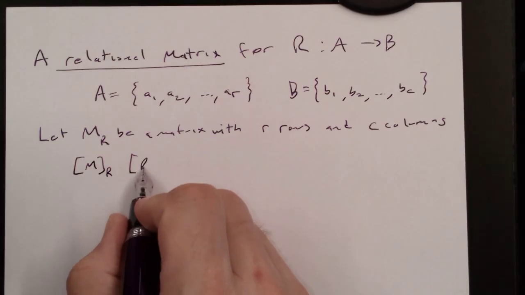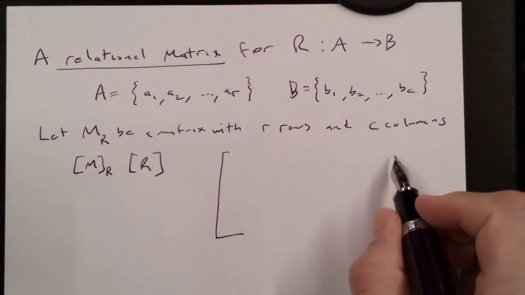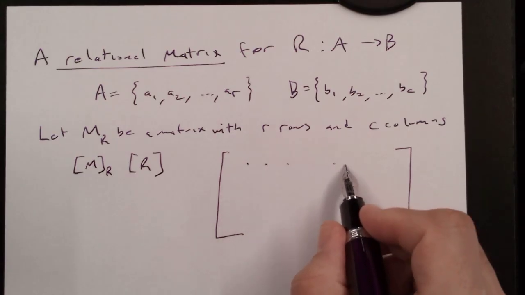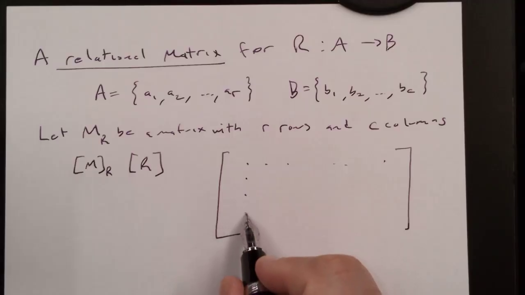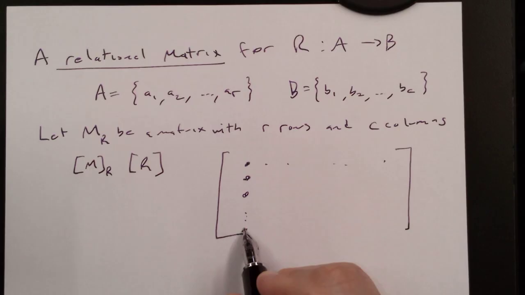Sometimes we'll just call it square bracket R because it's the matrix for a relation. Those square brackets are the things that hold my matrix together. So I have all of these entries.